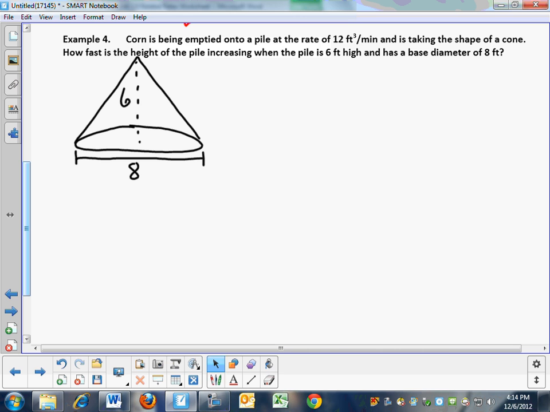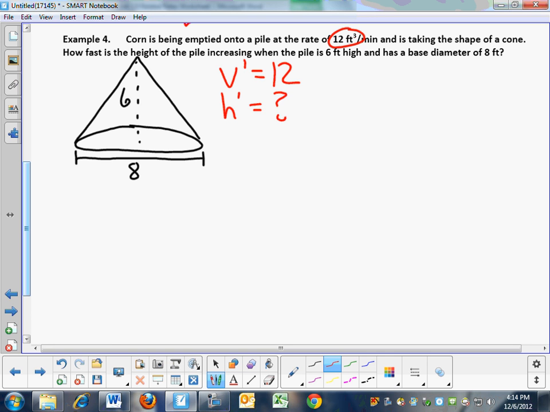12 cubic feet. Cubic is a three-dimensional term. That means that our volume prime is equal to 12. We don't know at what rate the height is increasing. It says, how fast is the height increasing? That's what we're trying to find.